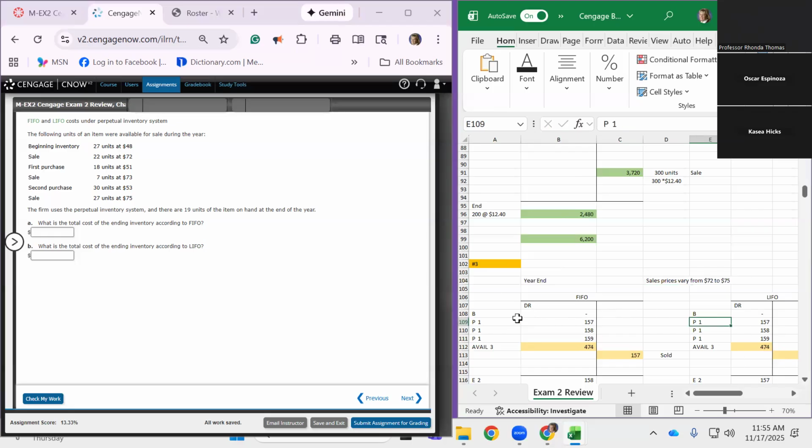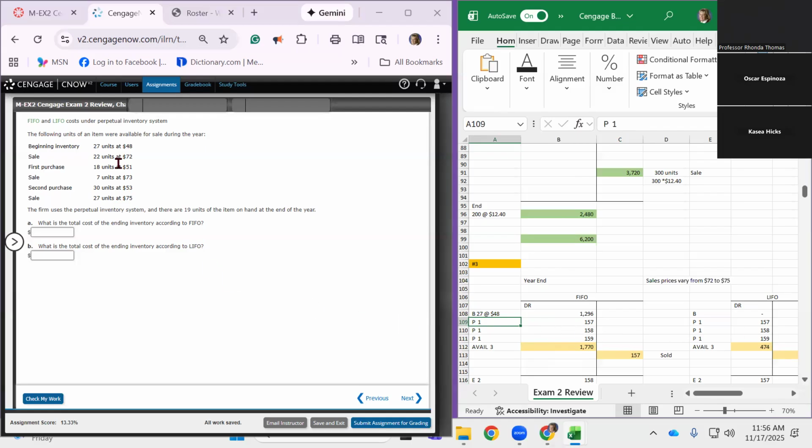All right. And then we're going to have a beginning. So we're going to begin with 27 units at $48. Okay. So let's do the math to see how much is sitting there. $48. It looks like it's $1,296. Don't worry, we'll do LIFO here in a minute.